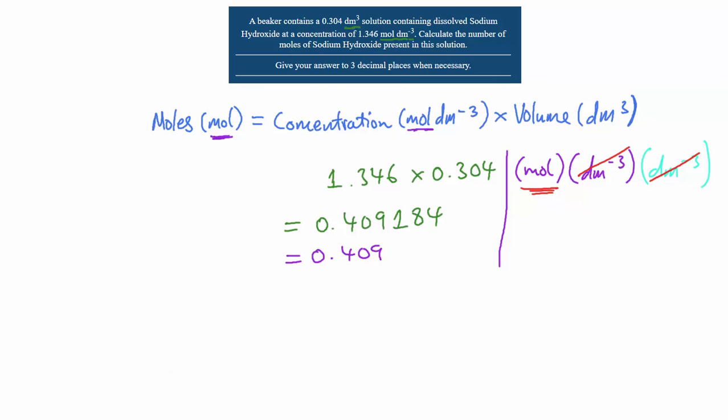That should be relatively clear from the question, but in case it was unclear, that's how we come to that. And that would be our answer in this case, 0.409 moles. So that is the number of moles of sodium hydroxide in this particular solution.